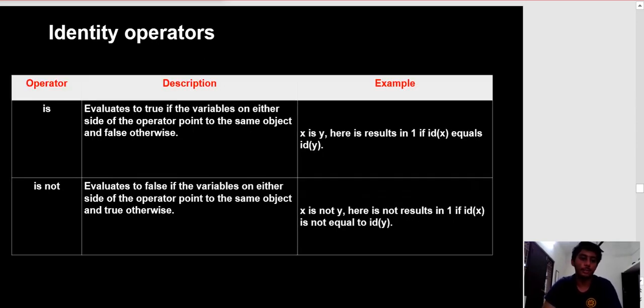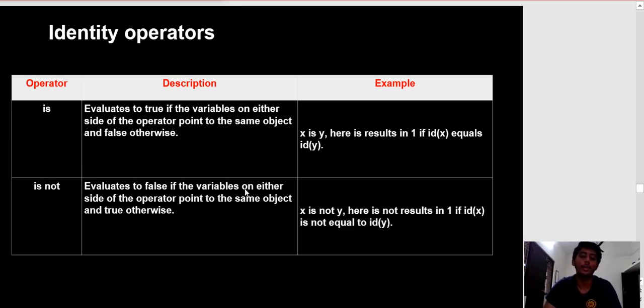The last kind of operator is identity operator. First identity operator is. It evaluates to true if the variables on either side of the operator point to the same object and false otherwise. Example, X is Y. Here is results in 1 if id of X equals id of Y. Next identity operator is not.